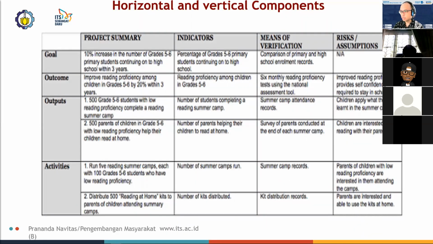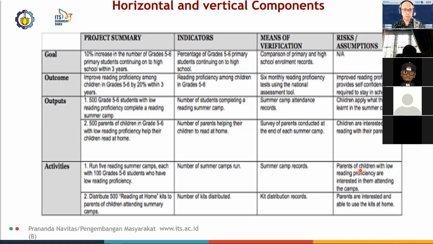Here, the matrix has been elaborated a bit further with the activities to run 5 summer reading camps, each camp with a capacity of 100 students. That way, parents who are willing to send their children off to the camp can do so.